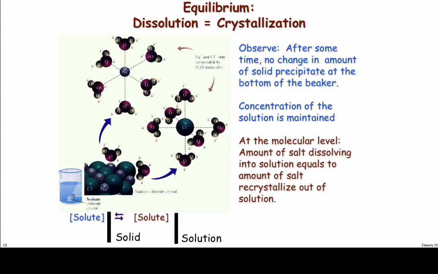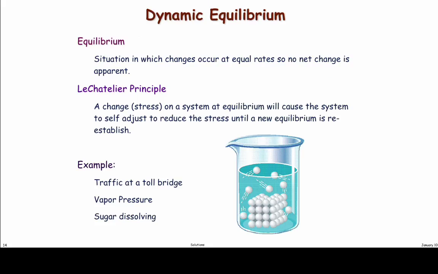So although it looks like nothing's happening at the atomic level, we actually have an exchange process. An equilibrium is a situation in which the forward and the reverse process are equal in rates, and so it looks like no net change occurs. This equilibrium is governed by Le Chatelier's principle, which we will cover more, I believe, in chapter 11.